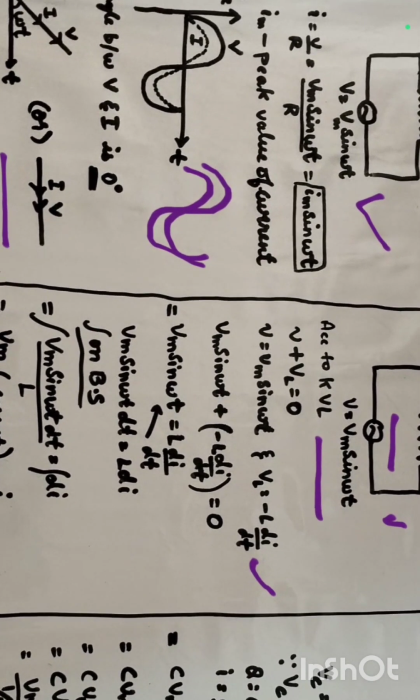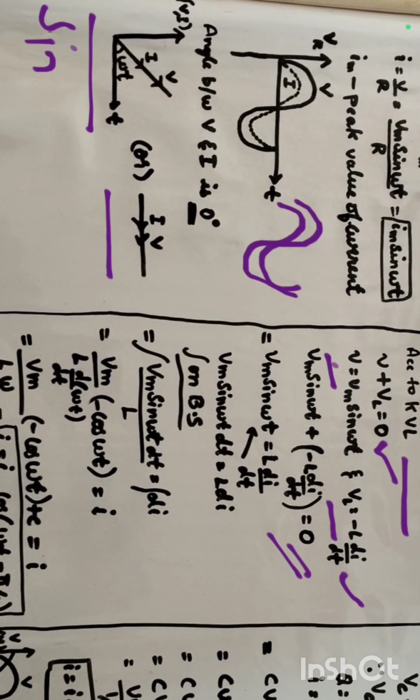So according to Kirchhoff's voltage law, the total voltage in a closed system will be equal to 0. So V is equal to Vm sin omega t, VL is equal to minus L di by dt. Adding these two equations, Vm sin omega t plus minus L di by dt will be equal to 0.